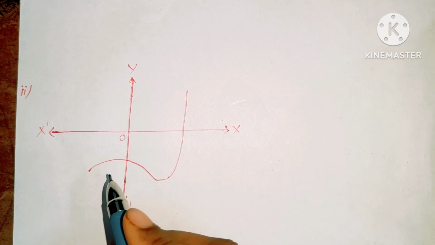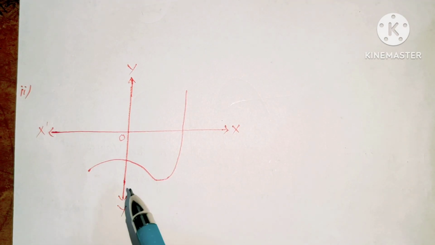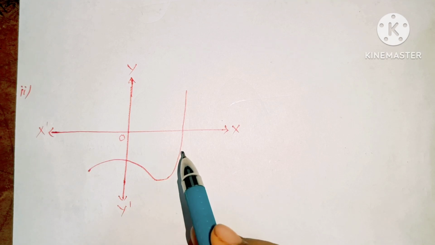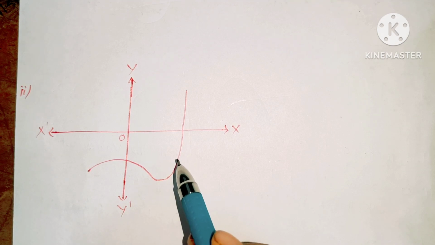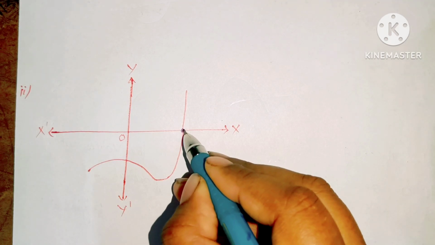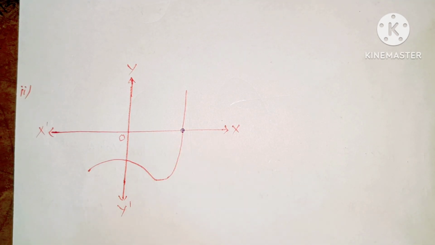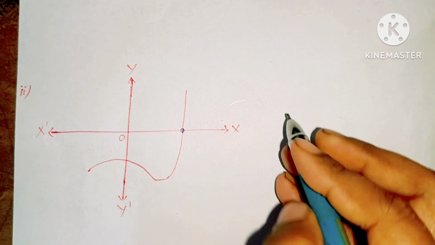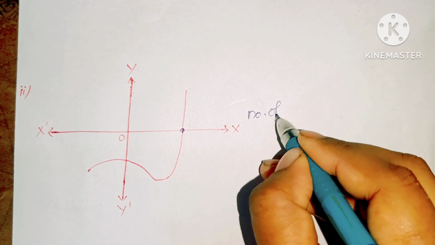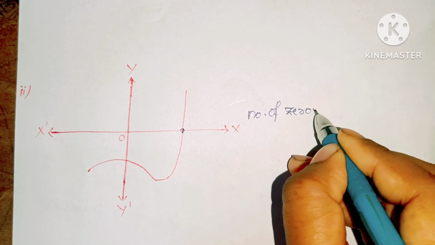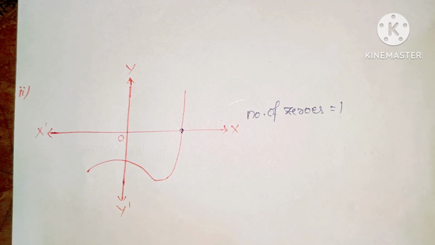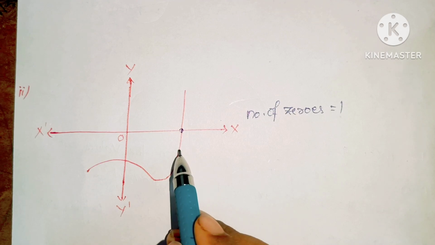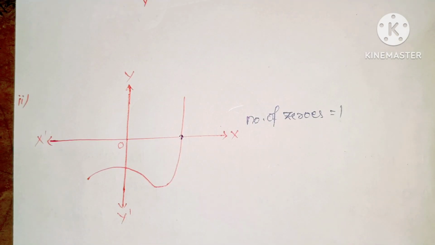In this graph, at how many points was the line intersecting the x-axis? Only at 1 point, right? So number of zeros equal to 1, because at 1 point on the x-axis it was intersecting.